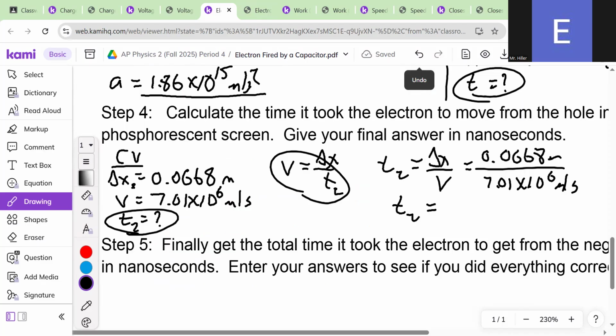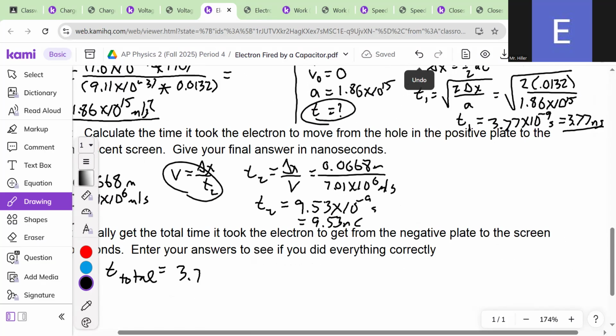Okay, time 2, 0.0668 divided by 7.01 times 10 to the sixth power. And we're looking at about 9.53 times 10 to the negative 9 seconds, which would be 9.53 nanoseconds.